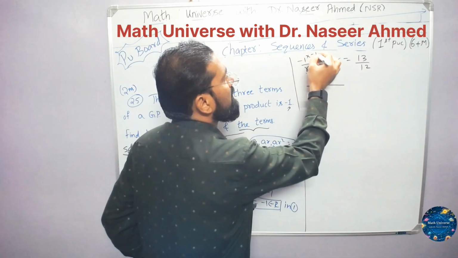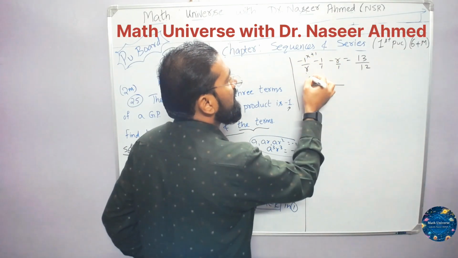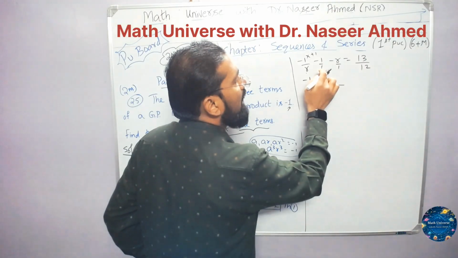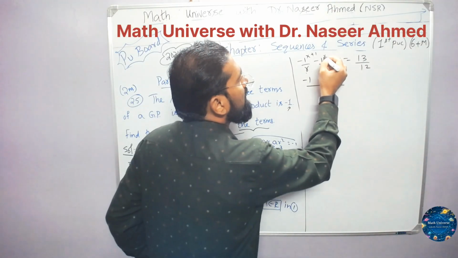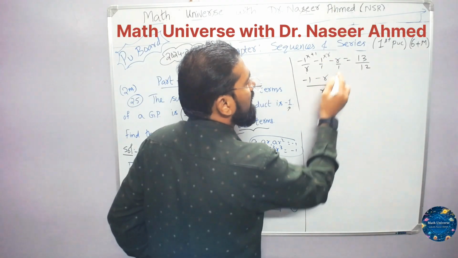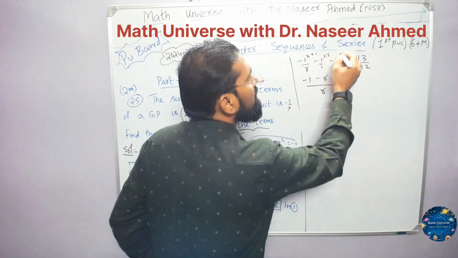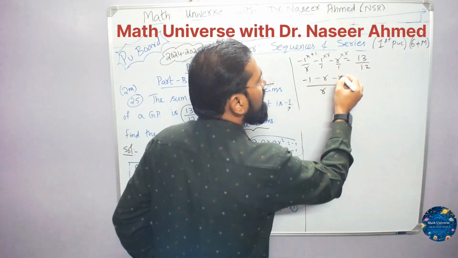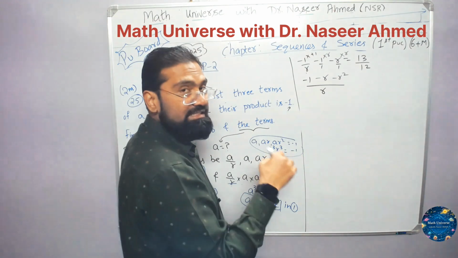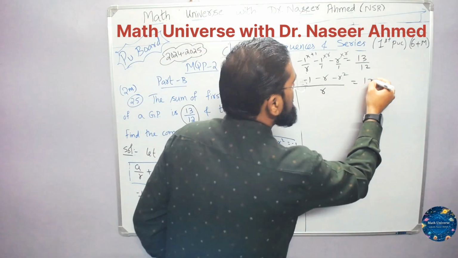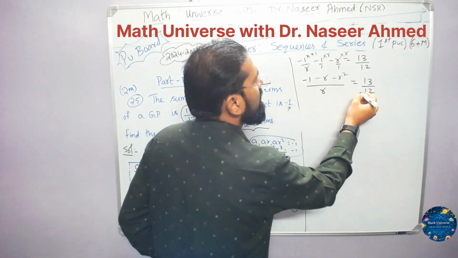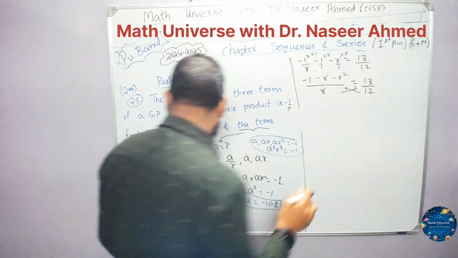Multiply here in the numerator: -1 into 1 will be -1. R by 1 will be r, so multiply here: -1 into r will be -r. R by 1 will be r, so multiply r here, I get -r square. What we do in the usual LCM, the same thing I have done here. I have shown the steps, nothing else. Now I can cross multiply.